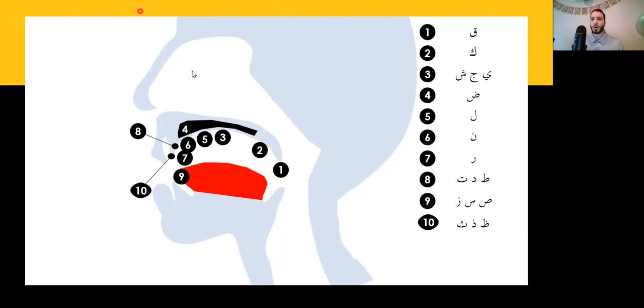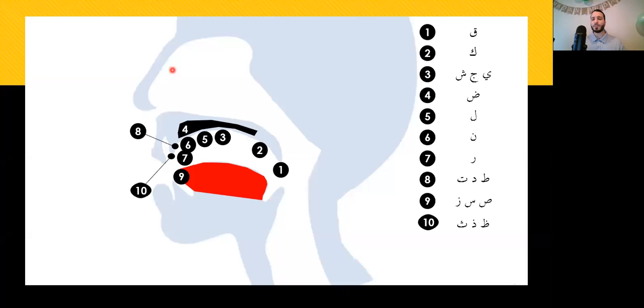La, na, ra. Ra. And ra is a heavy letter. We're going to talk about heavy letters next time, inshallah. Your tip of the tongue is being used, right? Ra, ru, ri.